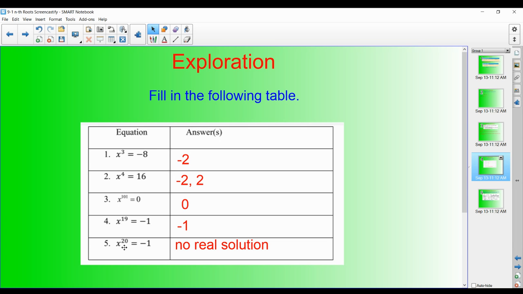And a positive number raised to the 20th power is a positive as well. So this one, no matter what you do, you're going to get no real solution. If you try to take the 20th root of -1 in your calculator, you're going to get an error. And the error just means that there is no real solution when we're finding out what x can be.